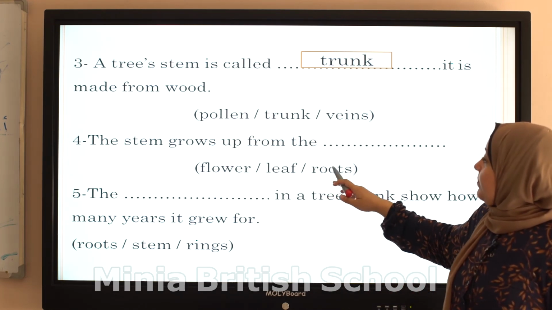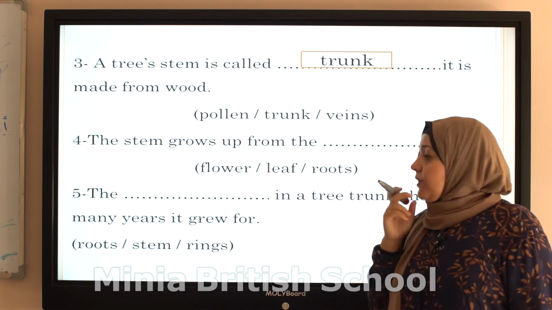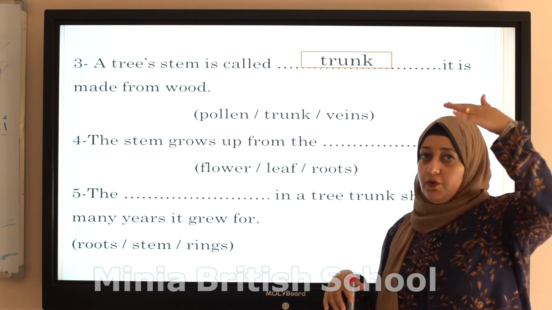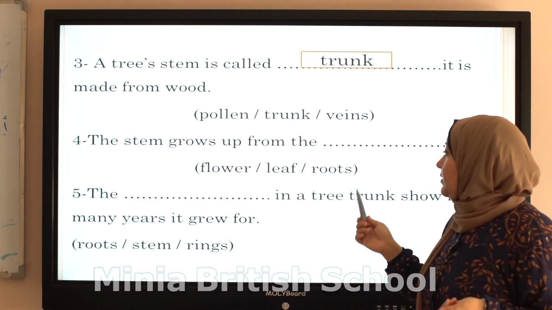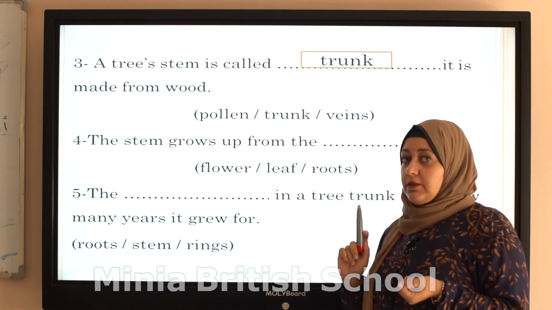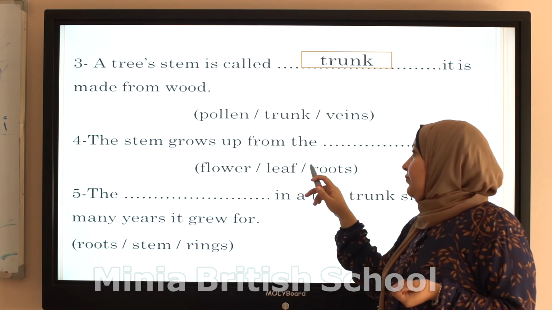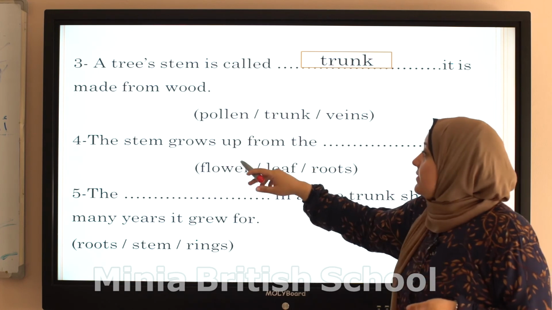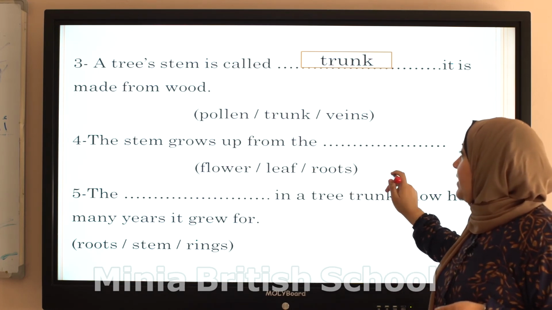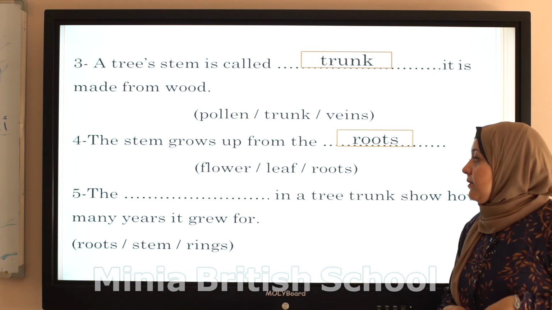Number four, the stem grows up from the, we said that the stem grows above the soil. Does it grow from the flower, leaf, or the roots? We know, of course, that the stem grows up from the roots.